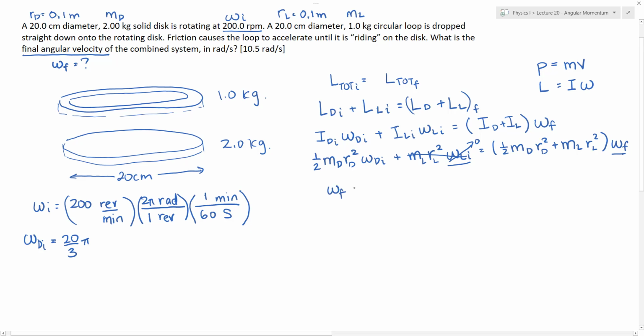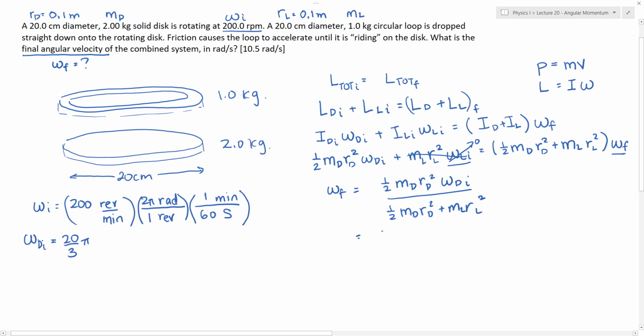We have omega final is equal to 1/2 mass of the disk, radius of the disk squared, angular velocity of the disk initially, over 1/2 mass of the disk, radius of the disk squared, plus mass of the loop, radius of the loop squared.